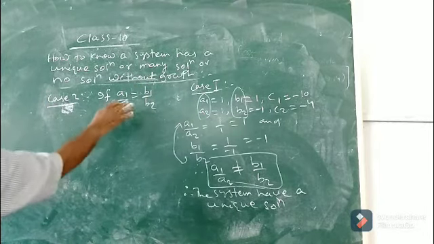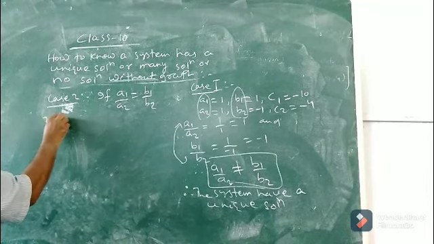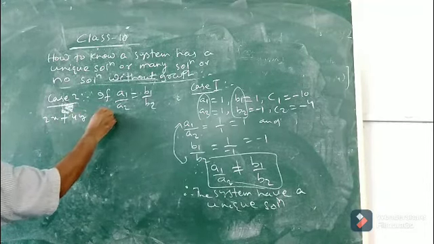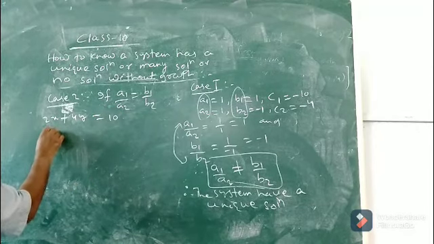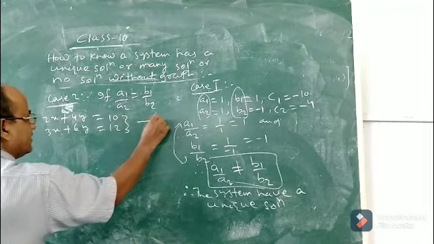Suppose, I am giving one example, consider a system of two linear equations: 2x plus 4y equal to 10 and 3x plus 6y equal to 12. Consider this pair.